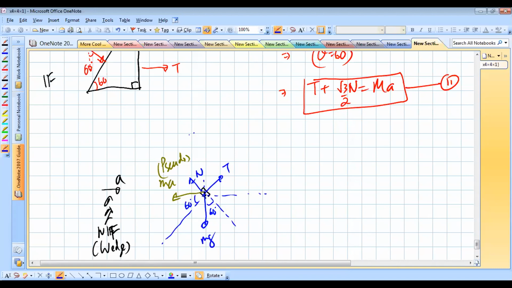And it has an acceleration down the inclined plane. So pseudo forces cos component plus MV sine component.